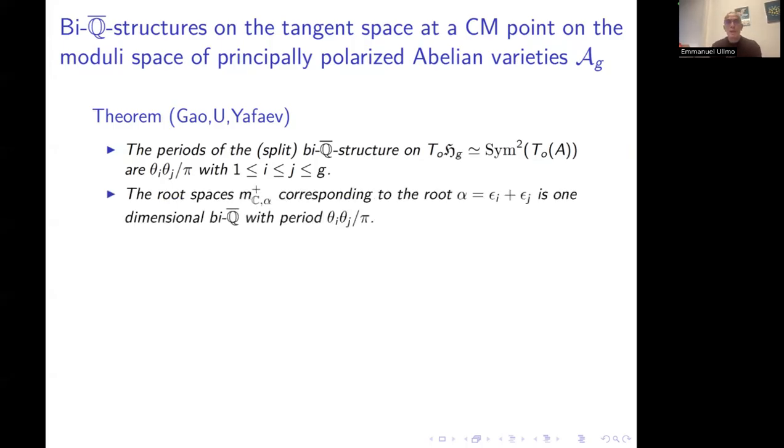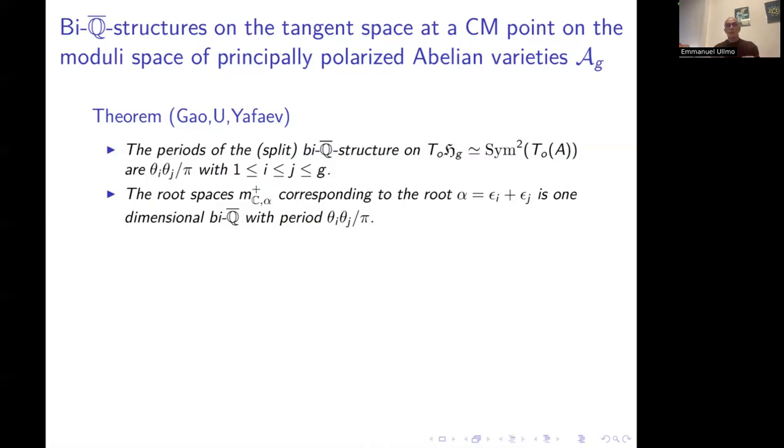And if you look at the root space corresponding to the root epsilon i plus epsilon j, which is really the roots inside MC plus, then the associated period is theta i, theta j over pi.